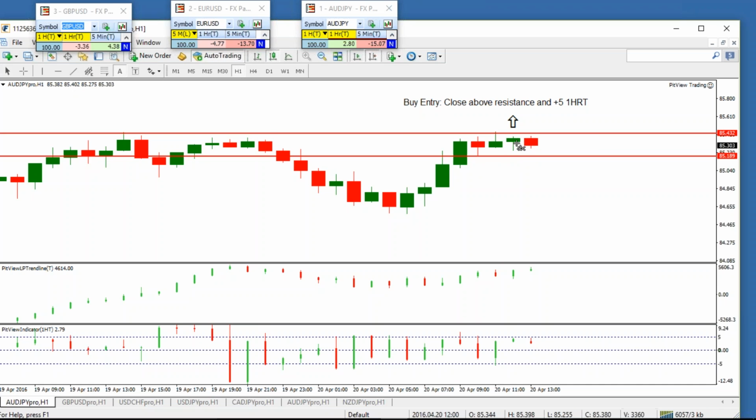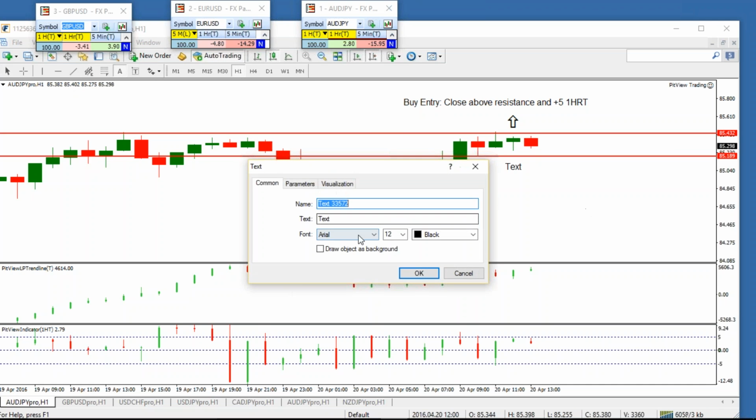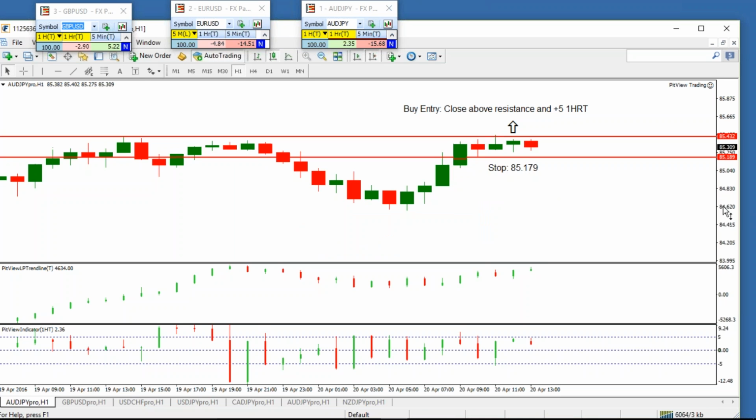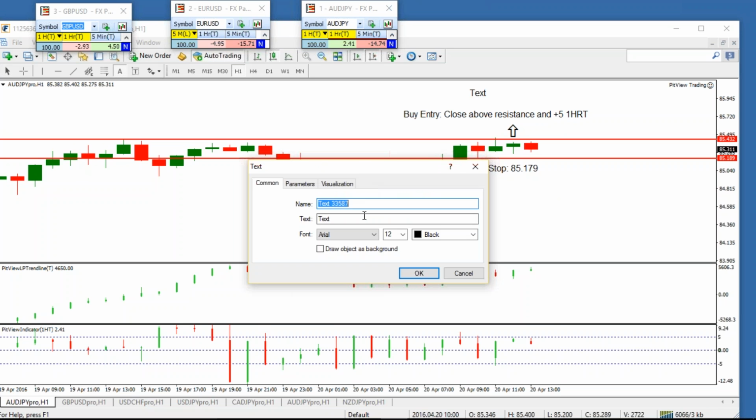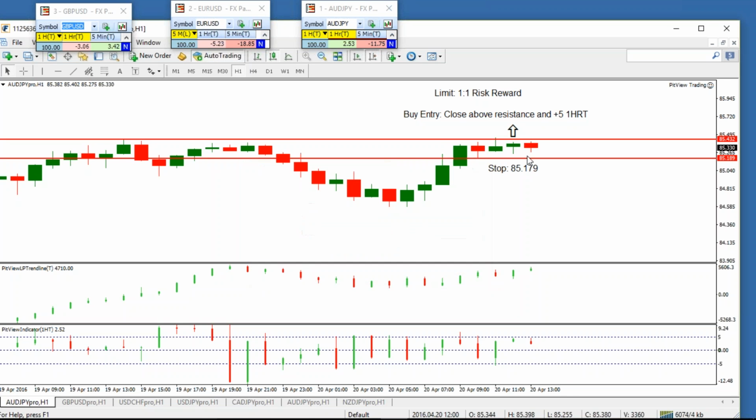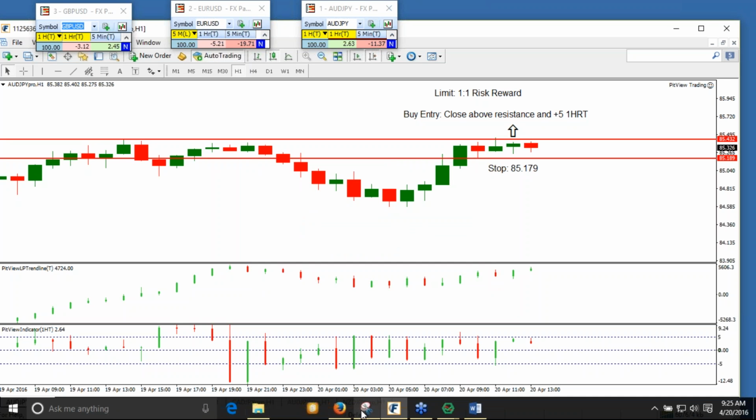In this case, I think all you need to do is put your stop at 85.179. And since this is a momentum play, I would look for a limit of 1-to-1 risk reward, since we're just looking at a momentum play there on Aussie Yen.